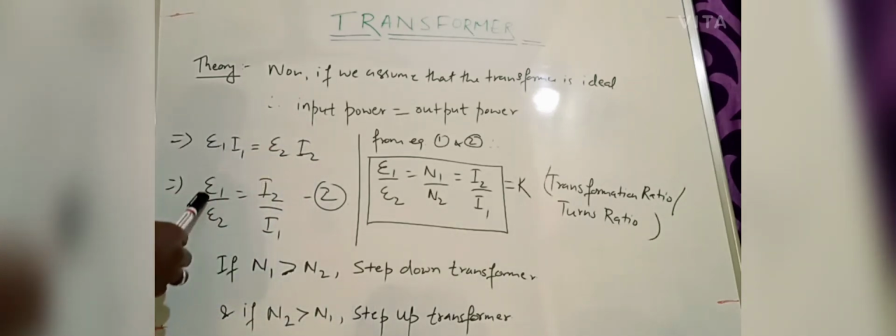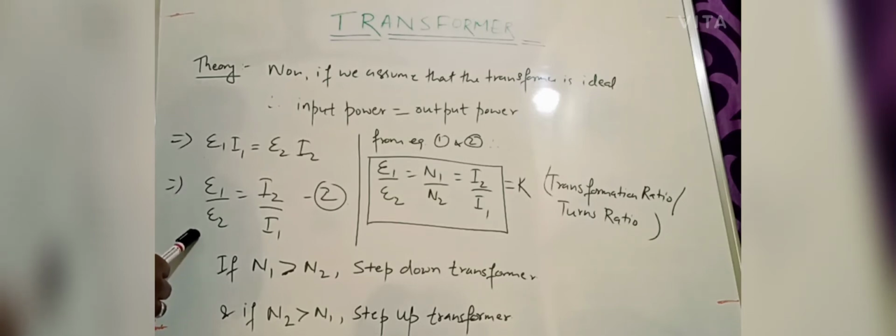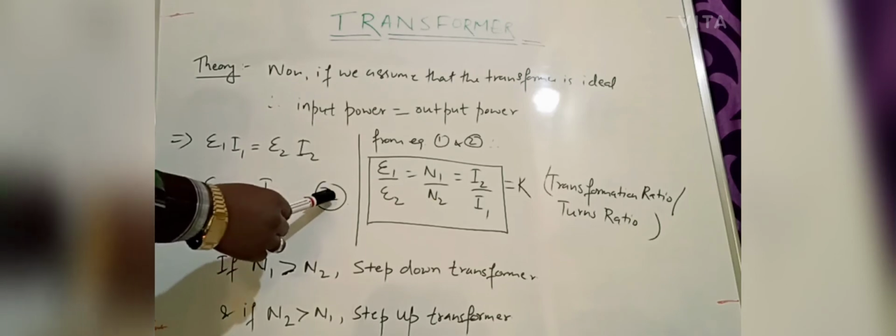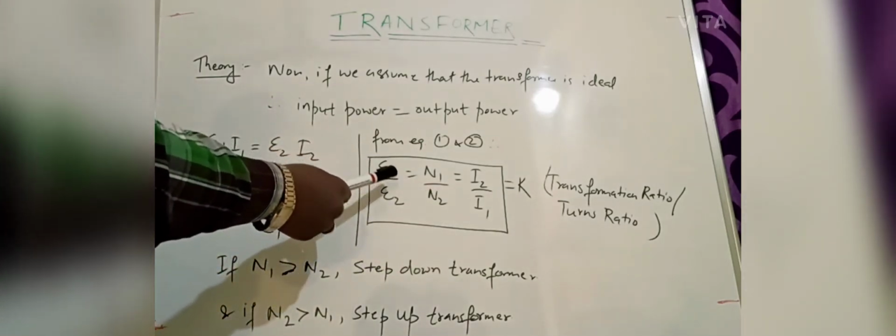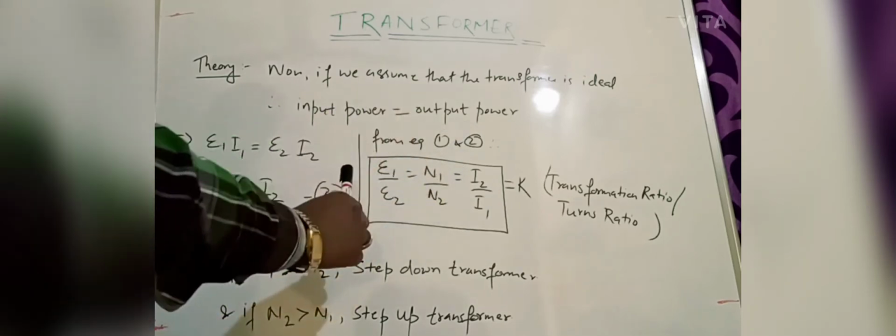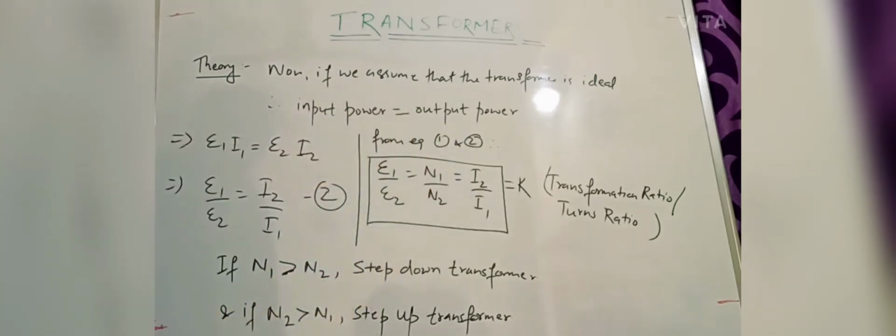Calculating epsilon 1 upon epsilon 2 from this, we get I2 upon I1. Call this equation number 2. From equations 1 and 2, epsilon 1 upon epsilon 2 equals N1 upon N2, which equals I2 by I1.